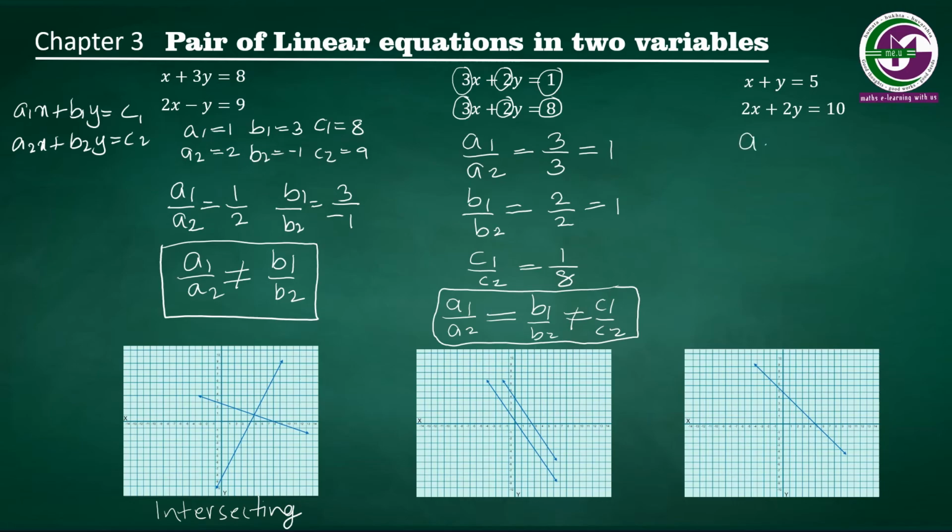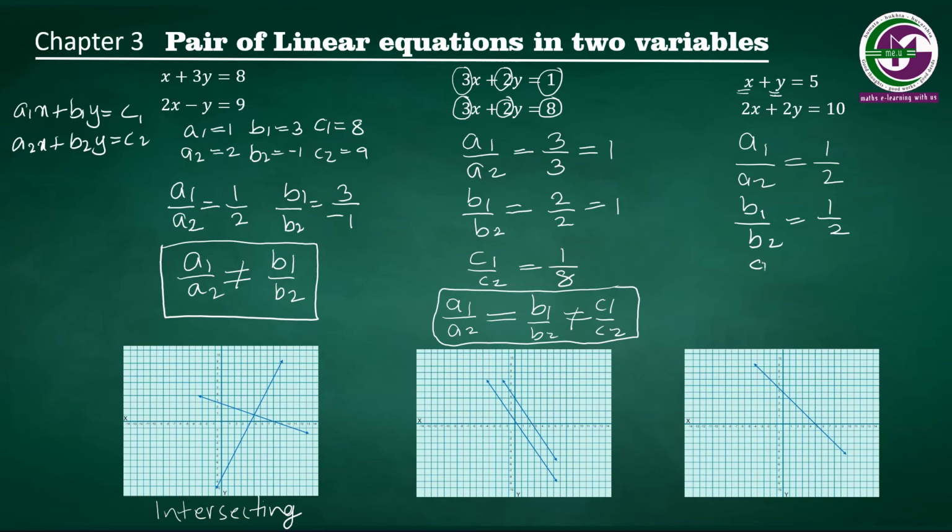So here a1 by a2 equals 1 divided by 2, and b1 by b2 equals 1 divided by 2 again. The coefficient of x is 1 here and the coefficient of y is 1, so a1 is 1, b1 is 1.